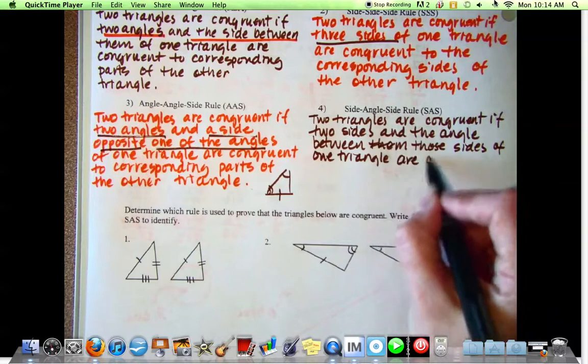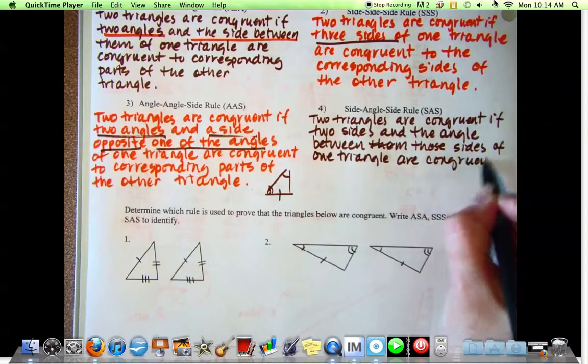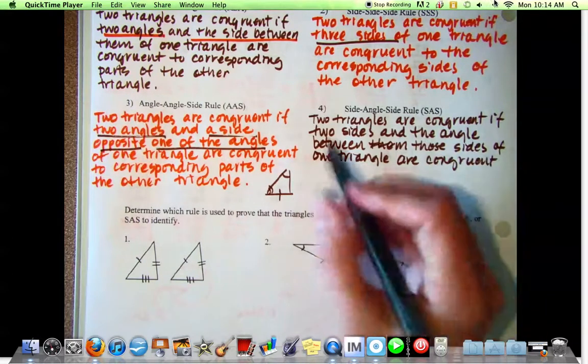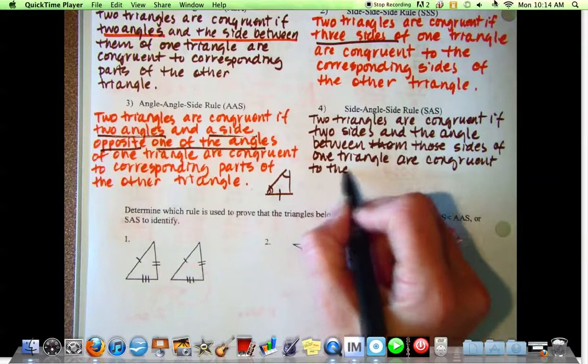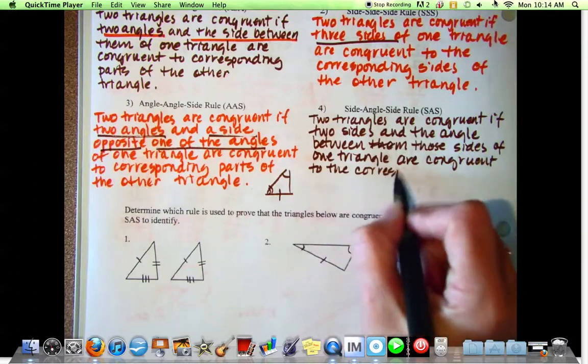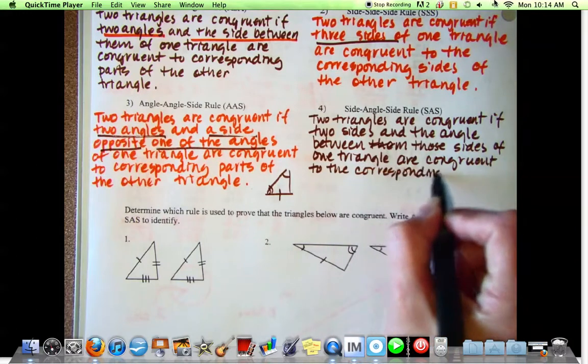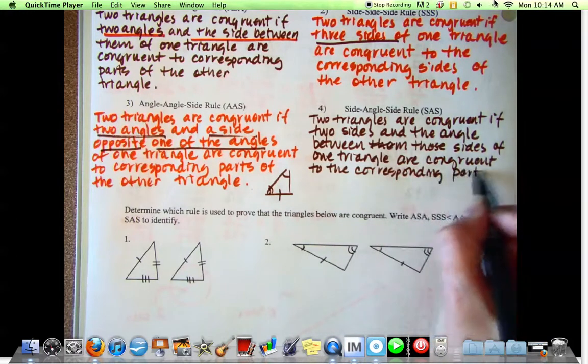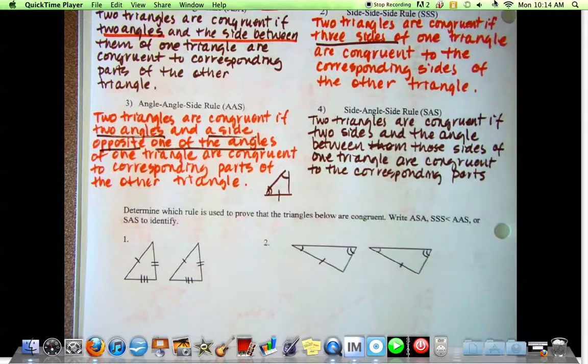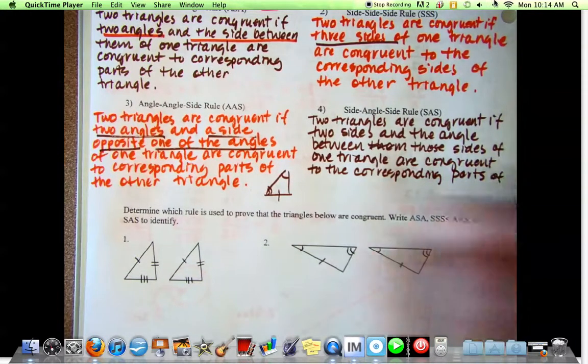Congruent, there you go. To the corresponding parts of the other triangle.